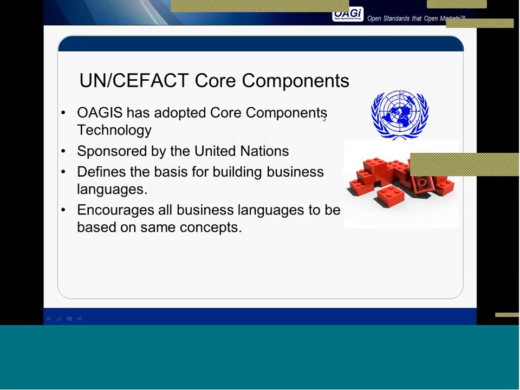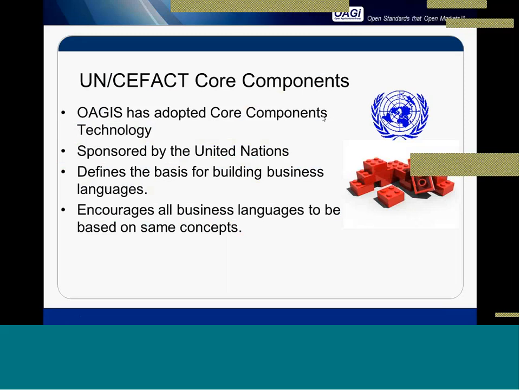Here we go. So what are the UN/CEFACT core components themselves? It's an effort sponsored by the United Nations, and they have been building some very detailed specifications on how to do data modeling, called the Core Component Technical Specification. Then they also have their own naming and design rules that they've developed, which the OAGIS naming and design rules are based upon.